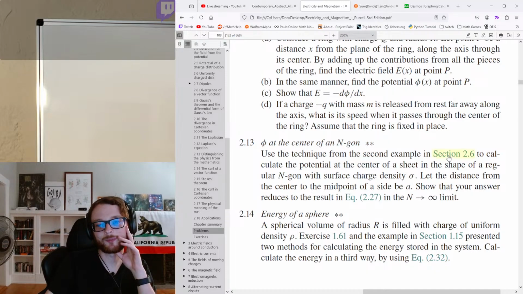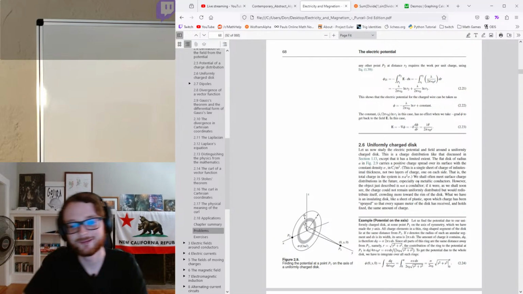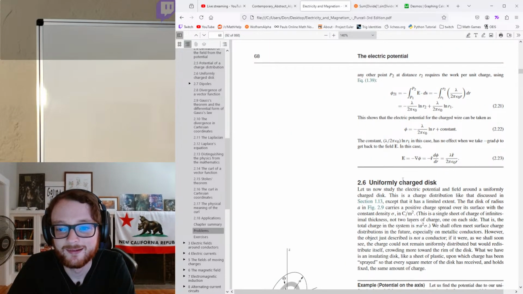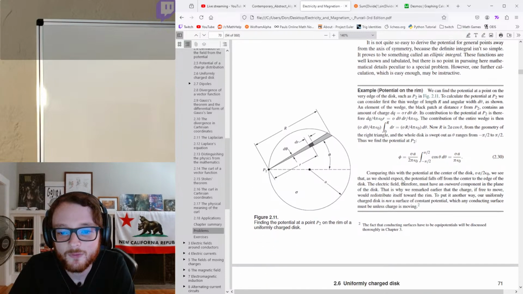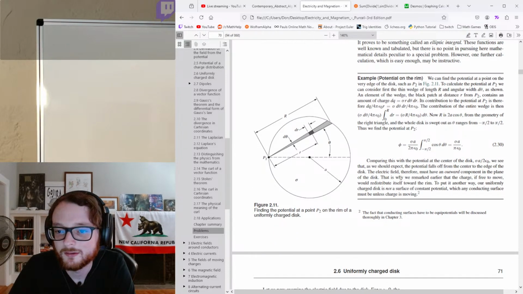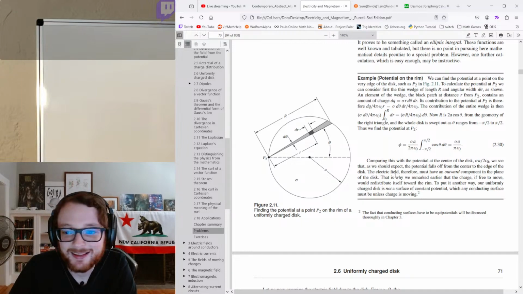What's the second example in section 2.6? It's the first example. It's the second. What? Oh. This was not an easy example for me to follow.